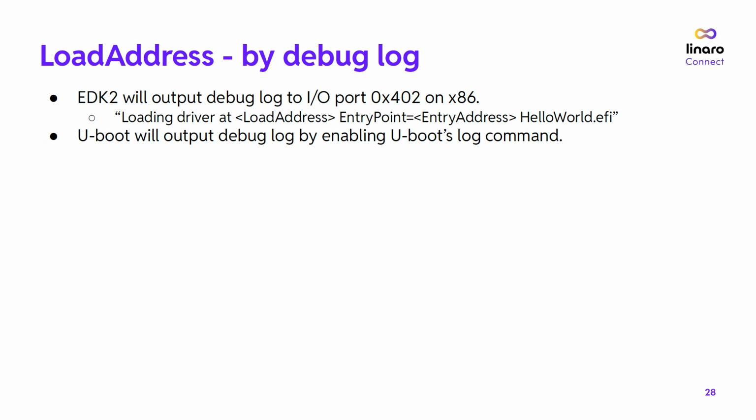And there is another method: in your own EFI application, you add a print, so you print your own load address before start. This all works, but it's just not ideal.